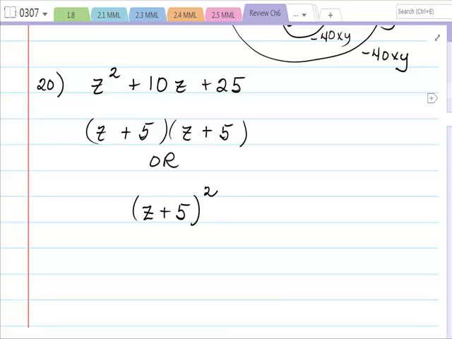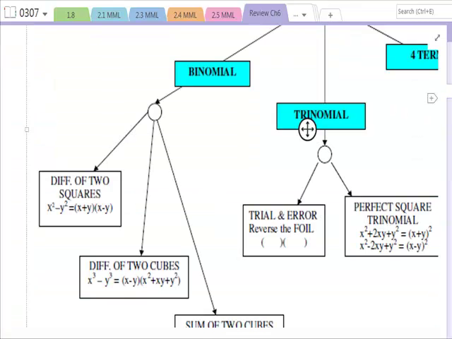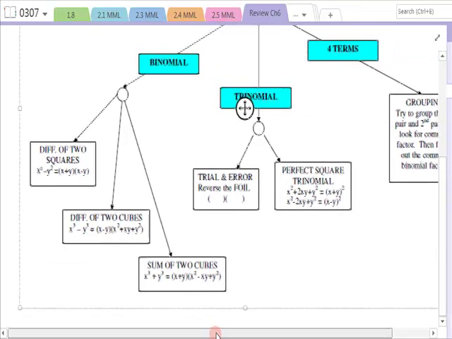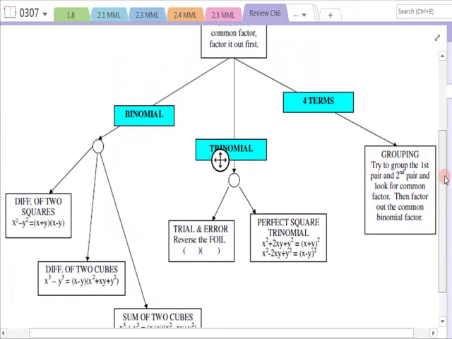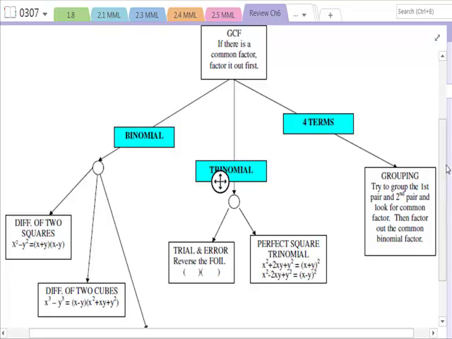So, going back to the flow chart. I'm chopping off part of it, but it's an irrelevant part for us. Always ask yourself, is there a common factor? What's the greatest common factor? Factor it out.